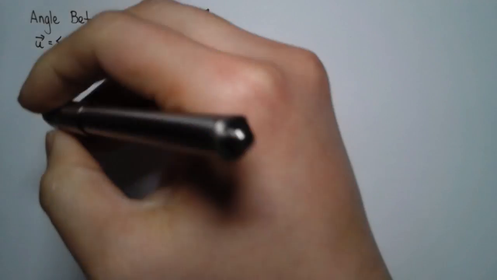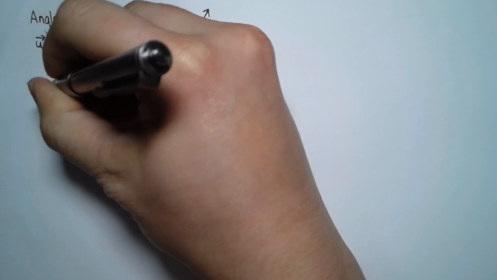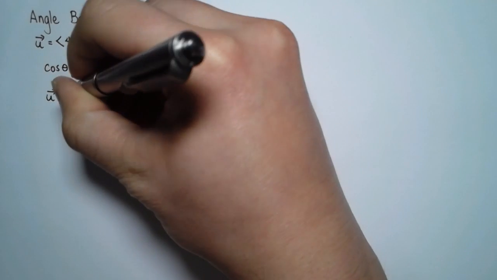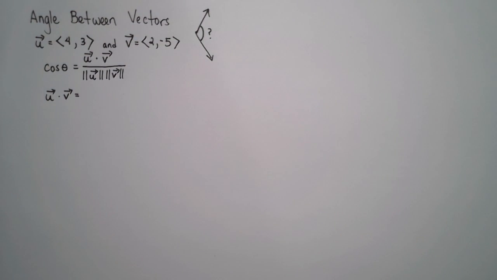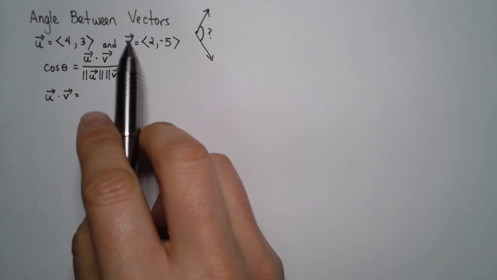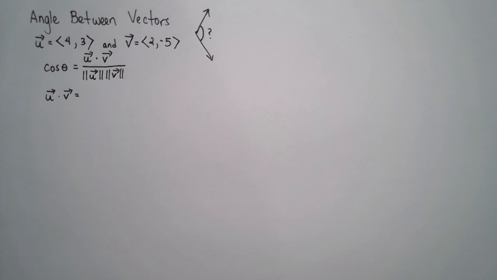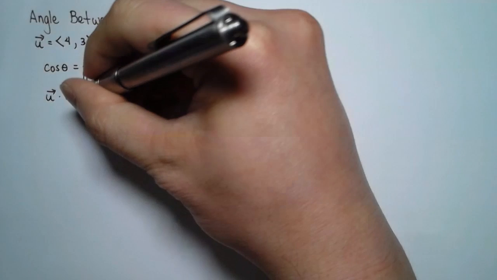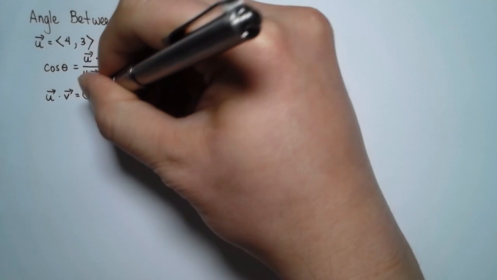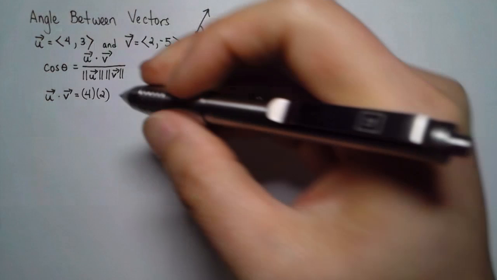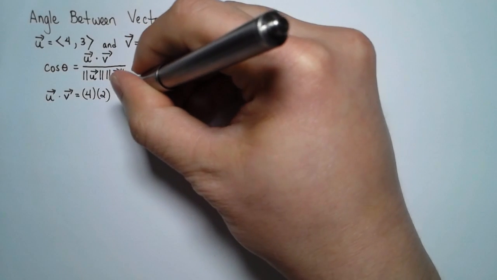And the first thing we gotta figure out is the dot product between vector u and vector v. The dot product just means you take the two vectors, look at their x's, the 4 and the 2, you're going to multiply them, and now look at the y's for each vector, and you're going to multiply them as well.